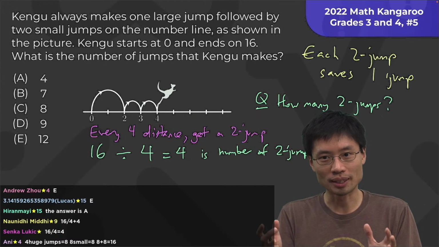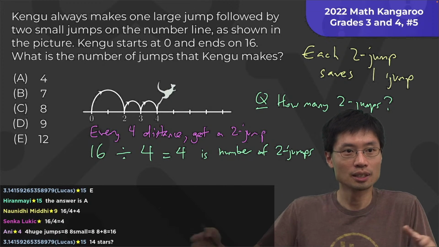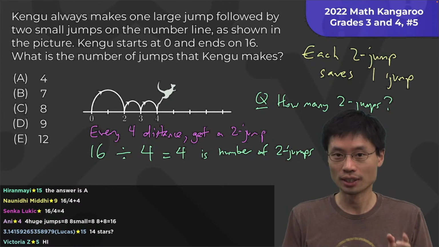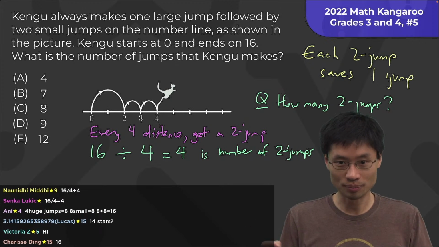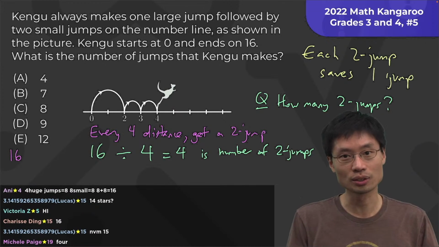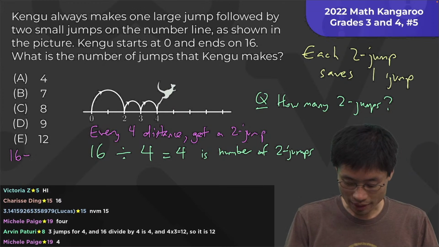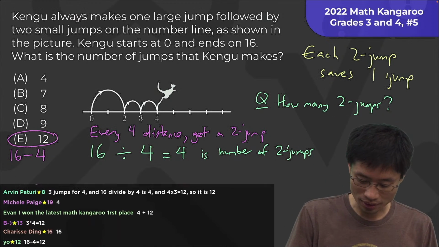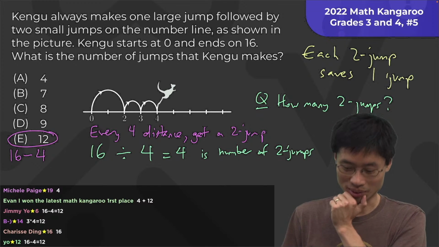So what do I do with my numbers? I have 16 total steps, and how much do I save? I save 4, right? So the answer is 16 minus 4, I think. Hopefully this is right. I think the answer is 16 total steps that I would take, except that I save 4 because there are 4 2 jumps. And I think the answer is 12. Is that right?